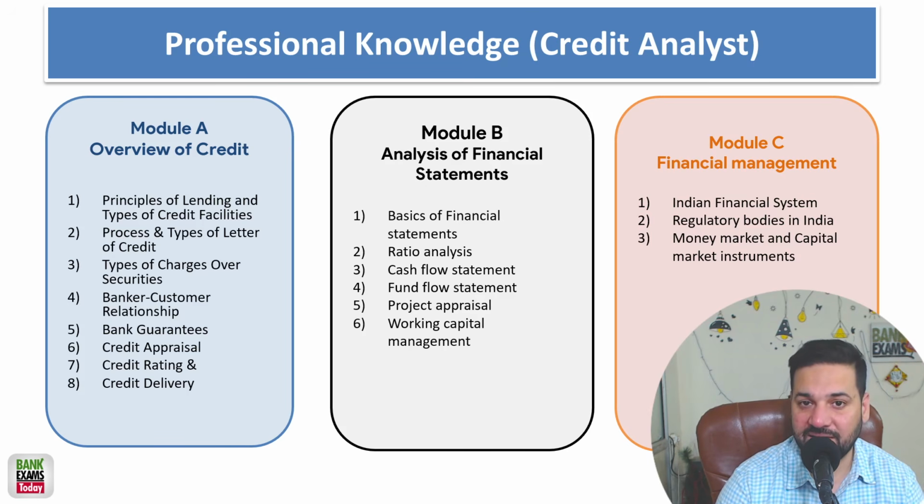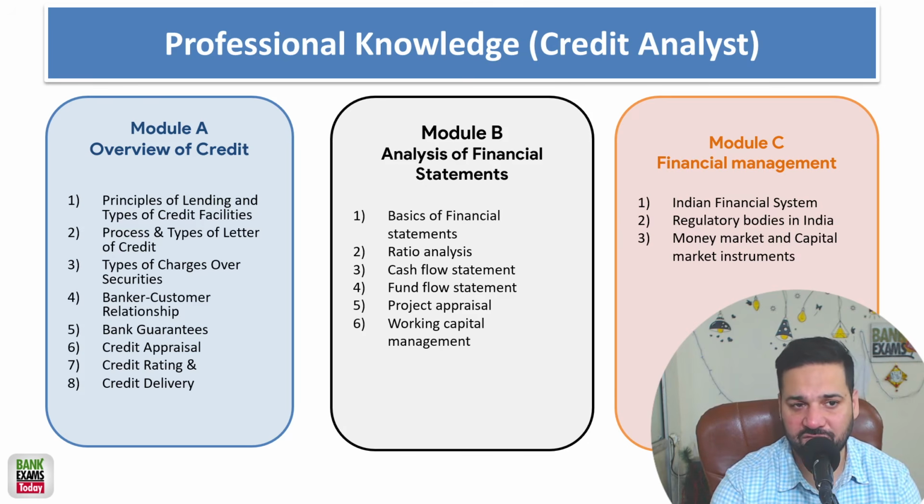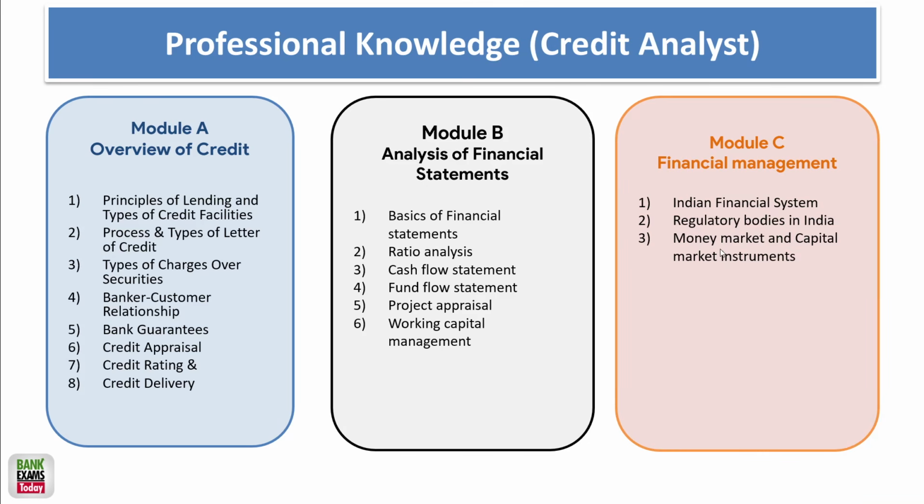Follow the RBI guidelines for money market and capital market instruments. It's very important. Then the time value of money, basics of derivatives, leverages, the capital budgeting theory we need to do, and the export finance we need to do as per the RBI guidelines. Yes, we need to follow RBI guidelines for the export finance chapter.